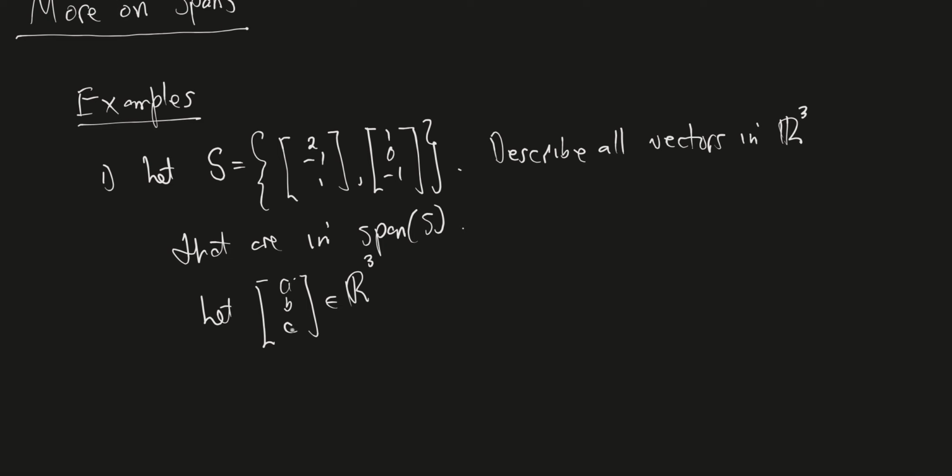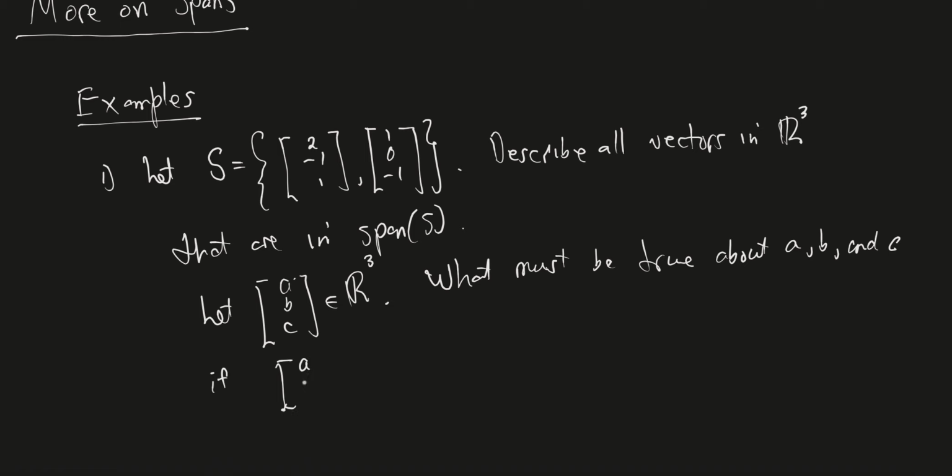So in order for us to describe the vectors that are in the span of these two, the question would be something like this: what must be true about A, B, and C if the vector (a, b, c) is in the span of S?